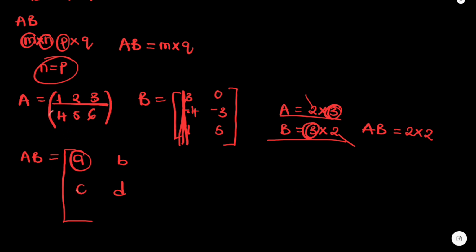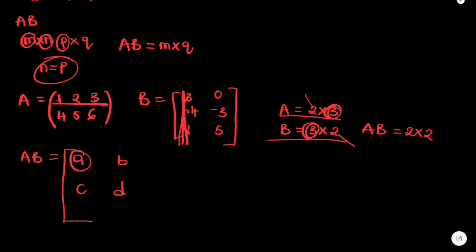To get C, we take the second row of the first matrix times the first column of the second matrix. Then we take the second row of the first matrix times the second column of the second matrix. So it is the same pattern. We take this times this to give us C, and then to have D, we take this times this to give us D. So that is what we are going to be having.